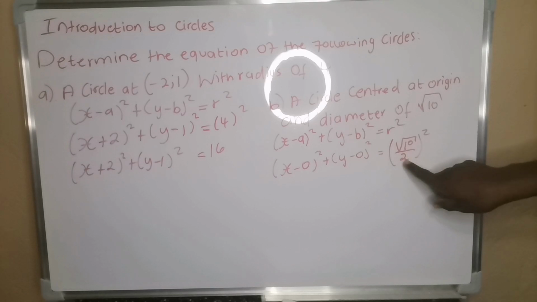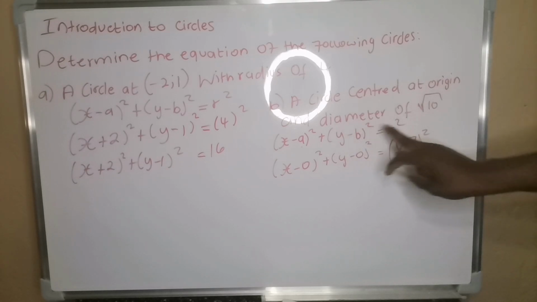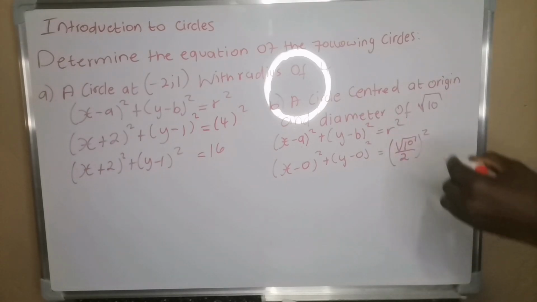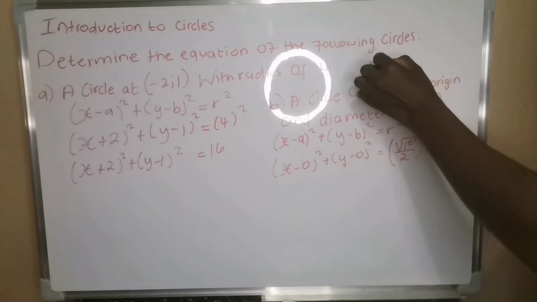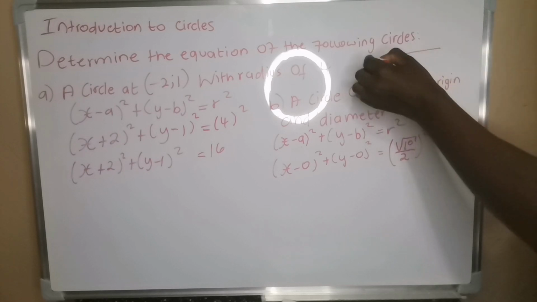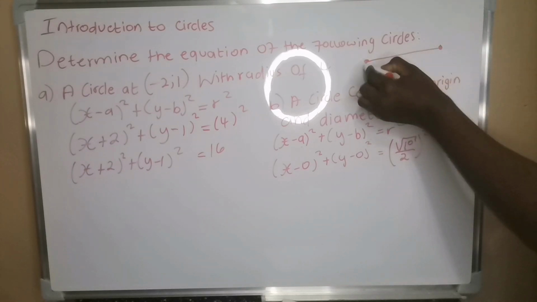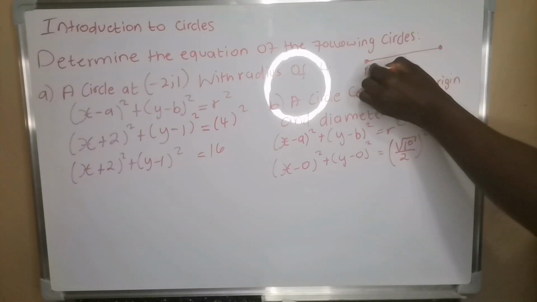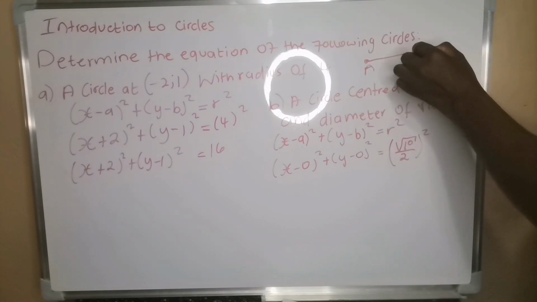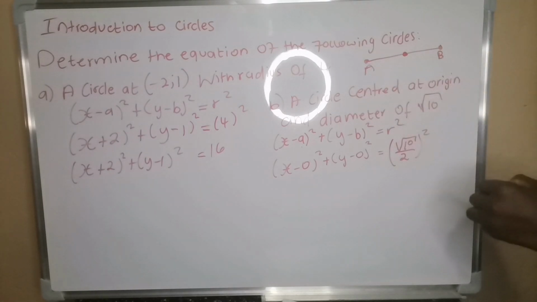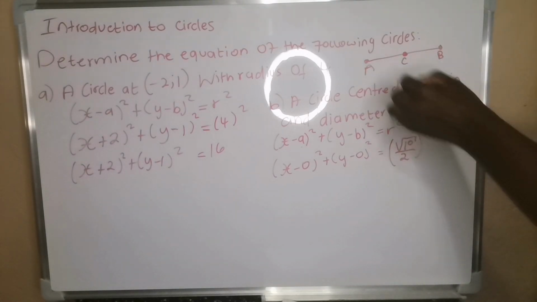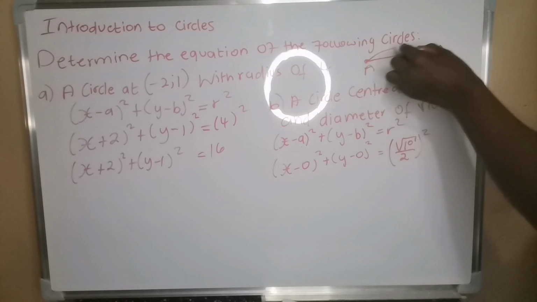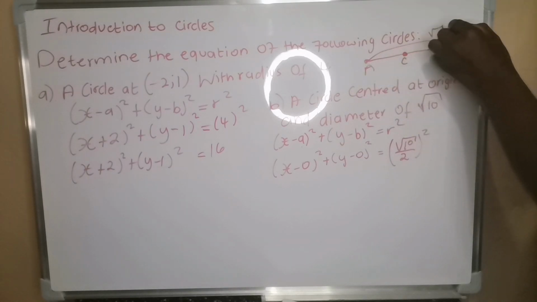Why do we divide by 2 here? Let me just draw a line. Let's say this line AB is our diameter and our radius is in the middle of here. That means I can say C here. The length from A to B is square root of 10.